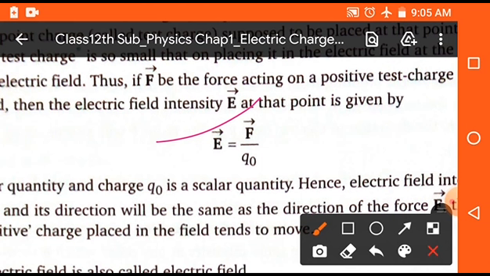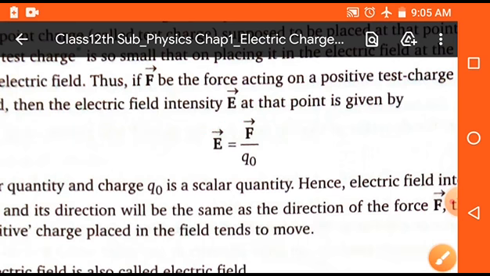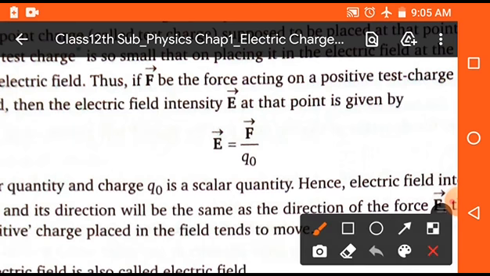It is denoted by capital E, and E is equal to F upon Q naught, where Q naught is the unit test charge and F is the force. The unit of intensity of electric field is Newton per Coulomb. Q naught is a scalar quantity, but electric field is a vector quantity.